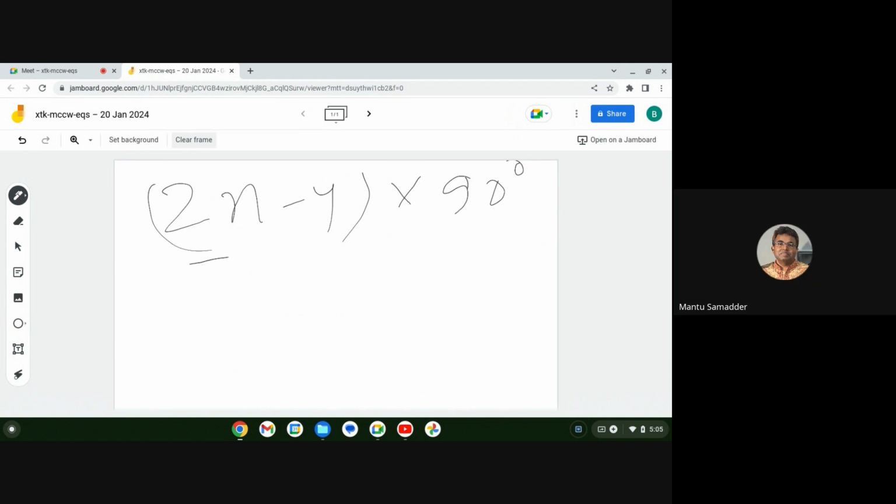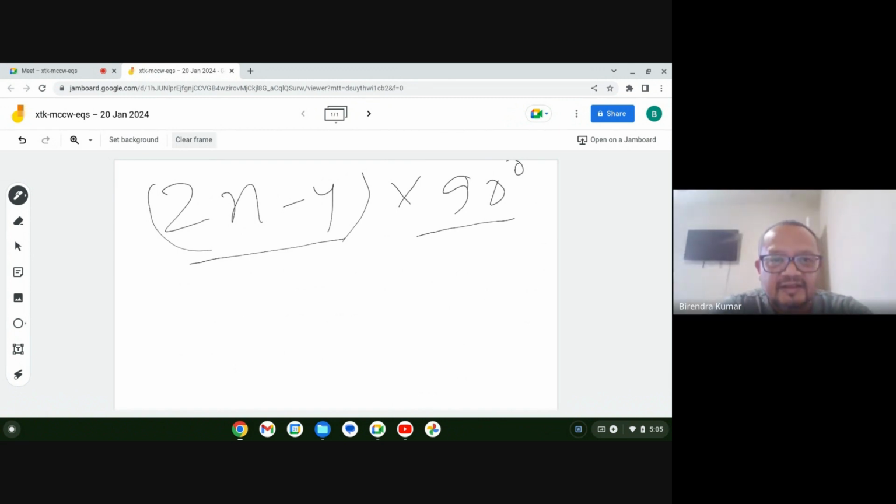It is for finding the total amount of angles inside any polygon. If you are looking at a triangle, this n stands for the number of sides. So it becomes three sides. So 2 into 3 minus 4, into 90.